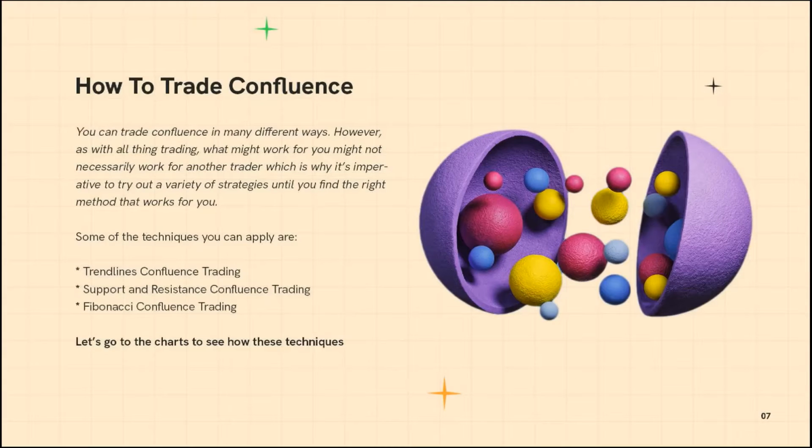How to trade confluence? I'm going to show you on the chart real quick. You can trade confluence in many different ways. I cannot overemphasize this. However, as with all things trading, what might work for you might not work for another trader, and what might work for another trader might not work for you.